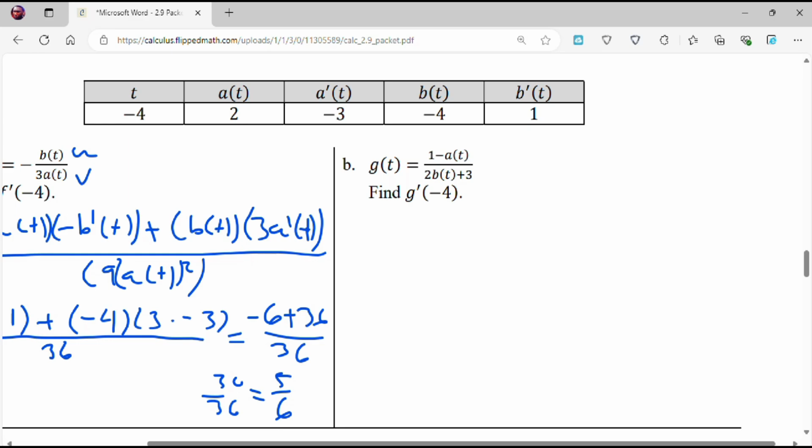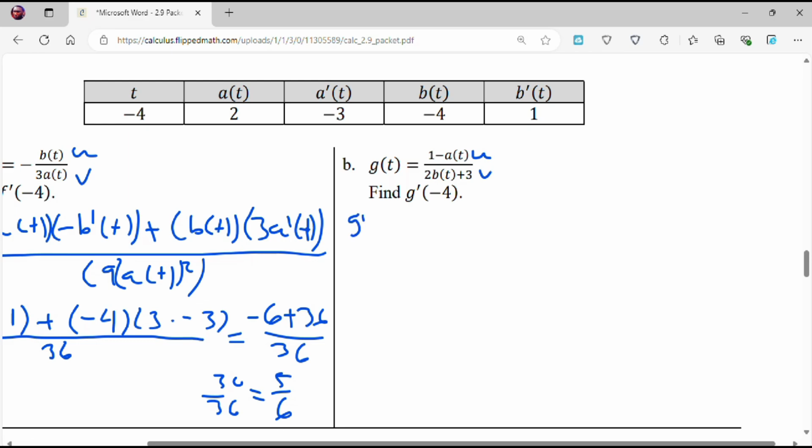Okay, v, u. And from now on, I'm going to write a of t just as a, right? Same thing. So a prime of t is going to be a prime. Then b of t is going to be b, b prime of t is going to be b prime. Just so I can make things a little bit condensed.